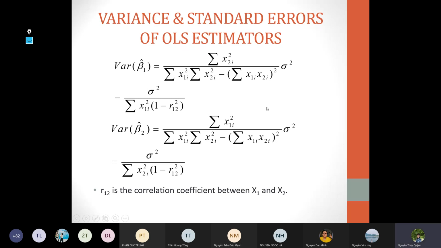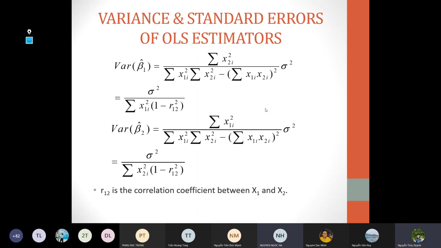What are the factors that affect the precision of our OLS estimators for a 3-variable regression model?